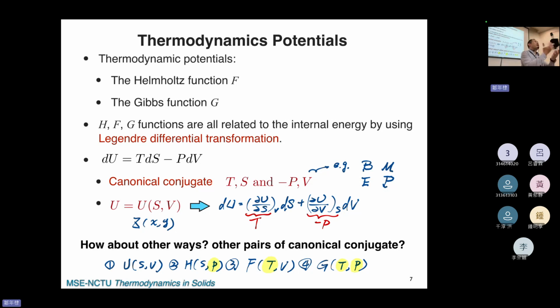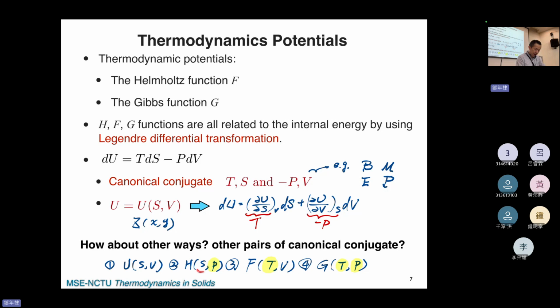Different experimental conditions. Okay, so if you measure something at constant temperature and pressure, the energy change in your experiment is measuring Gibbs free energy. Or if you fix the temperature and volume, you measure Helmholtz free energy.